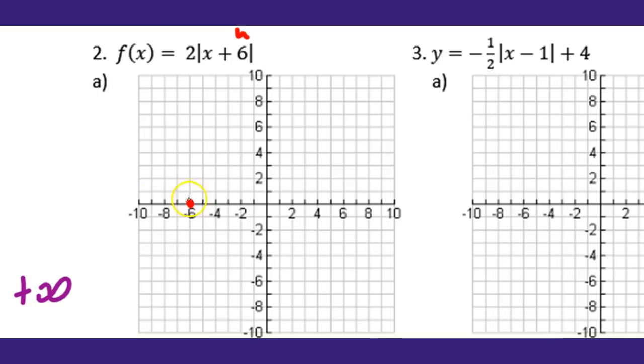So my vertex is going to be -6, 0. Now my slope, remember, is rise over run. In this case we have 2 right here, so it's going to be 2 over 1. So I go up 2 over 1, up 2 over 1. Like that.